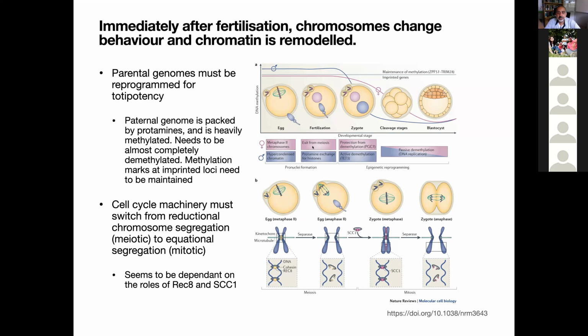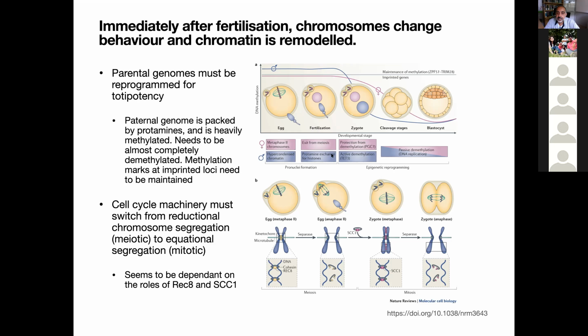Calcium is important for exiting metaphase 2 for the maternal chromosomes. The maternal chromosomes are protected from demethylation by this protein here. The paternal pronucleus is hypercondensed.